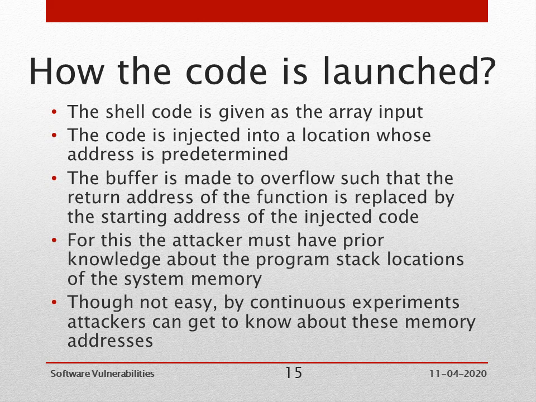The contents of the buffer are made to overflow in such a way that the starting address of the injected code gets exactly placed at the location where the return address of the function is stored. For this, the attacker makes a pre-study about the program stack locations of the system memory. Though not easy, by continuous experiments, the attacker can get to know about these memory addresses.